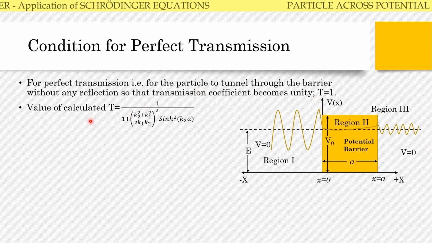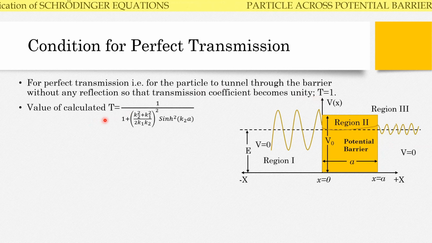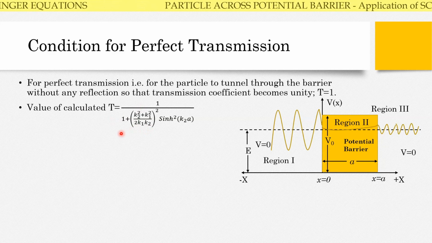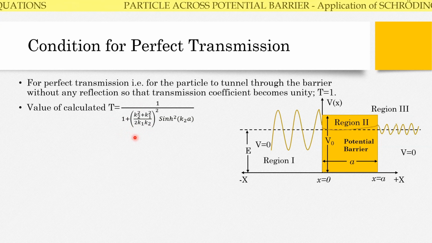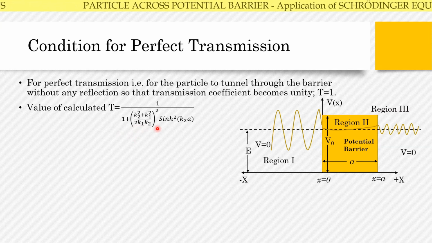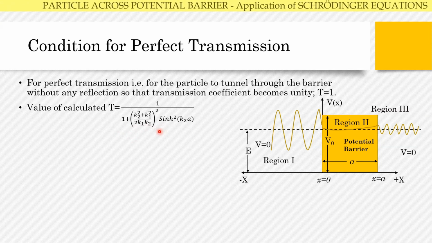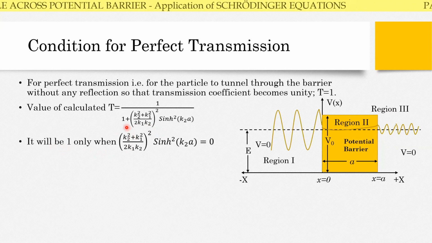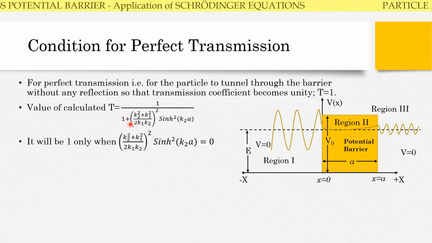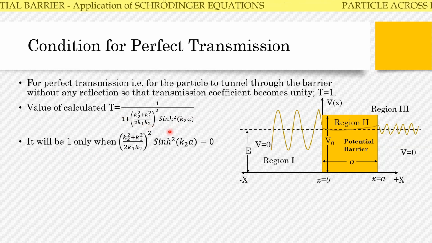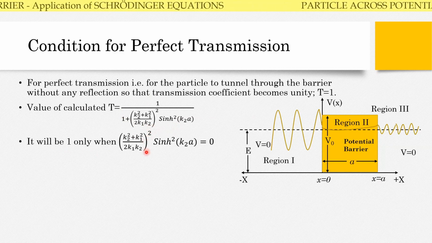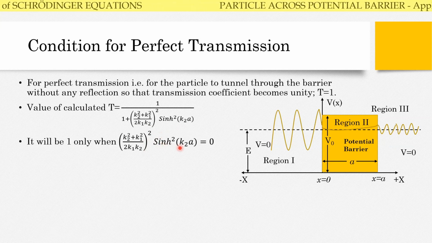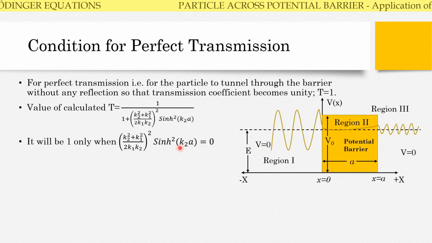The value of T that we had calculated is 1 divided by this much amount, and to calculate the condition for which T is equal to 1, the second term of the denominator must be equal to 0. It means that this quantity will become 1 only when (k2 square plus k1 square) divided by 2 k1 k2, whole square, into sinh square k2a is equal to 0.